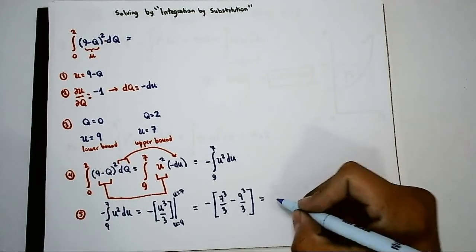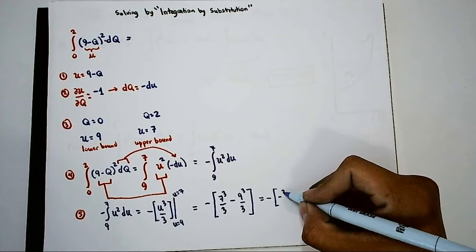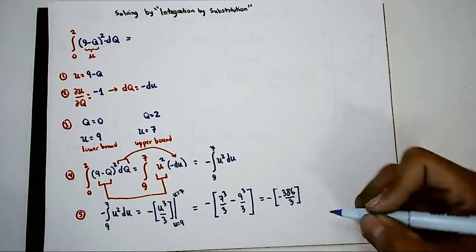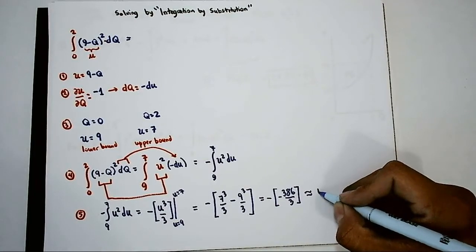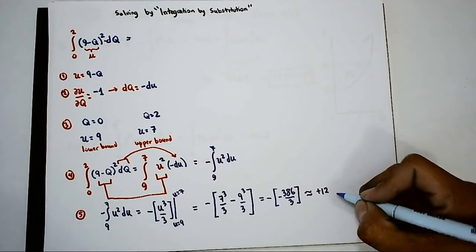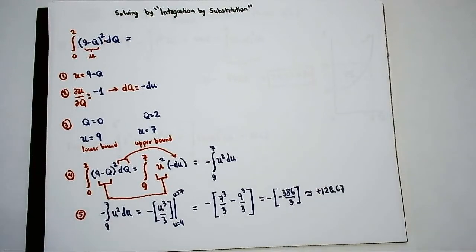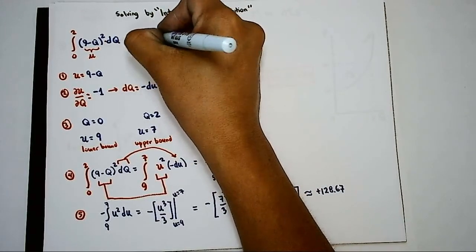This is minus 386 divided by 3, which is about positive 128.67. In other words, this integral is equal to 128.67.